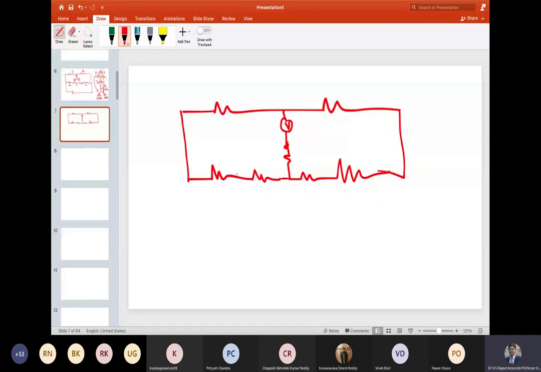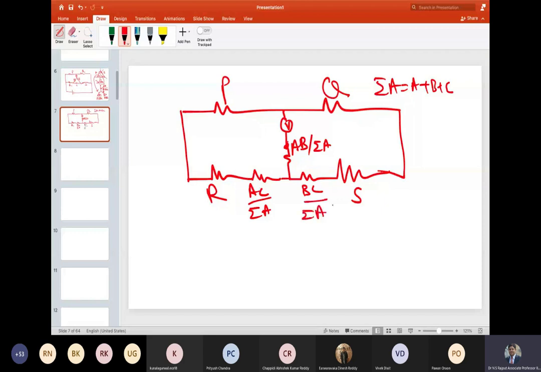So now you see, you had P, you had Q, you had R, you had S, right? Because of the insertion of those resistances, now you have AB by sigma A. This is your AC by sigma A. Sigma A is A plus B plus C. And on this side, this is BC by sigma A, right?